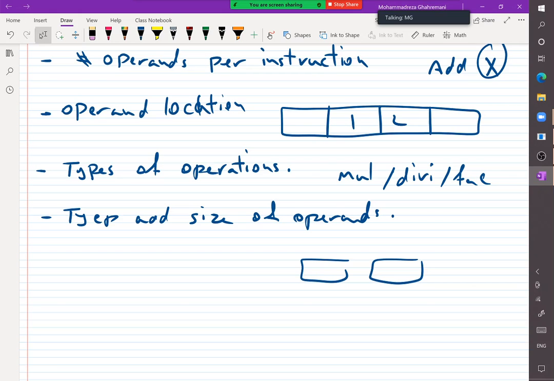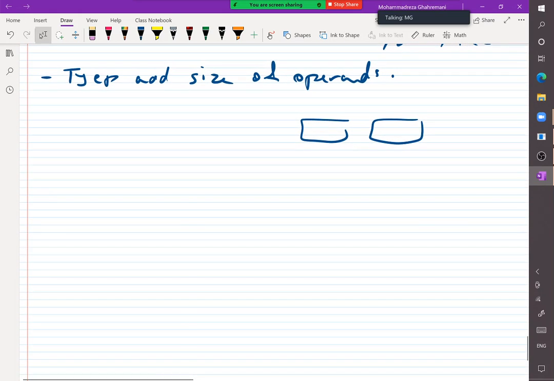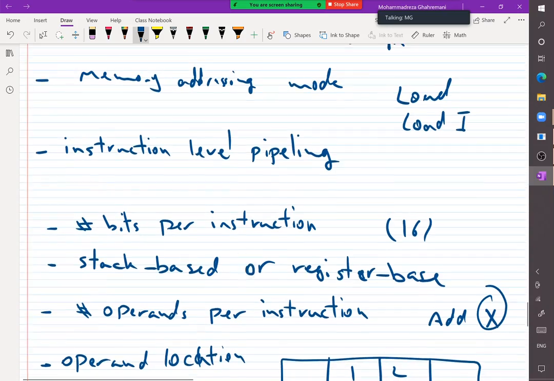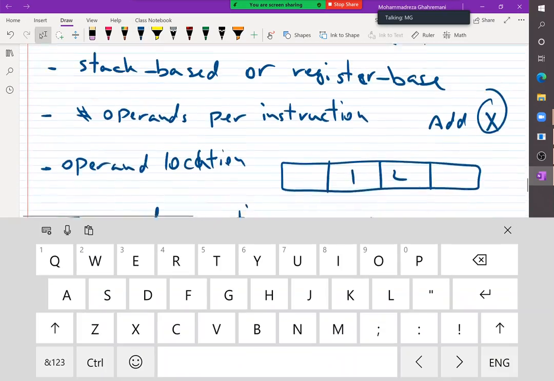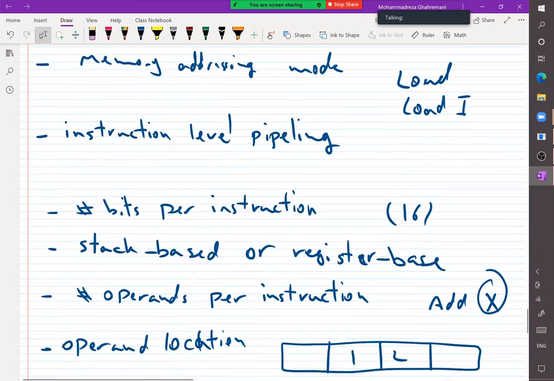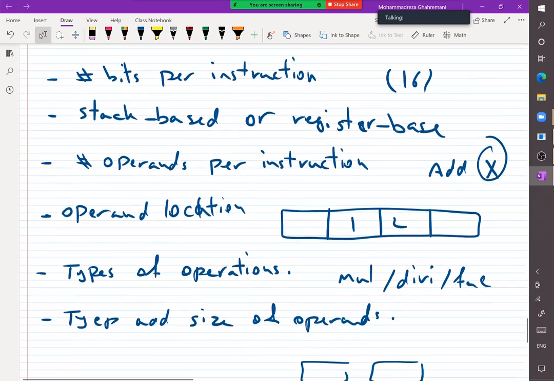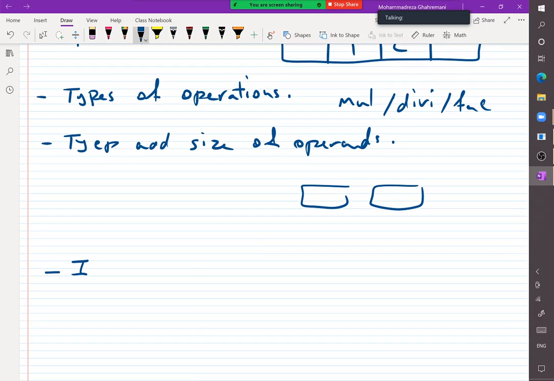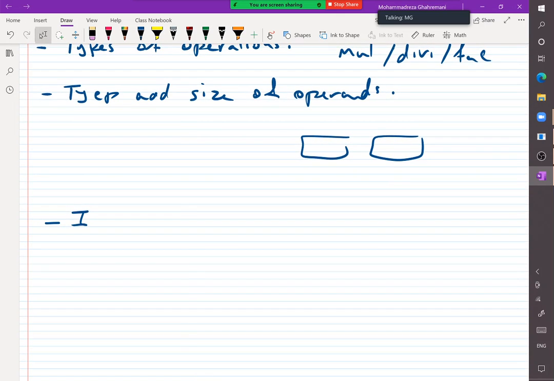Okay, so in designing our instruction set, considerations are given to instruction length as a summary.